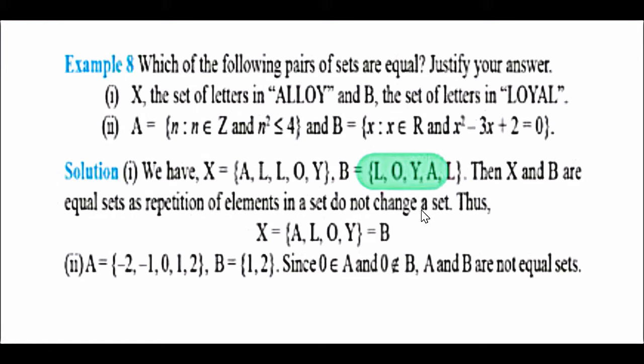But as we said earlier, these two are exactly equal. So X is equal to B. Now for this set, minus 2, minus 1, 0, 1, 2, you see this has 1, 2, but apart from this, 0, minus 1, minus 2 are not found in this B. So we say that A and B are not equal sets.